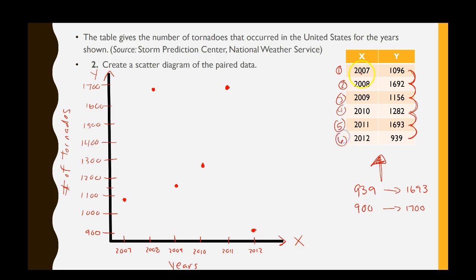Okay, so again, I make sure that I have 1, 2, 3, 4, 5, 6 ordered pairs, 1, 2, 3, 4, 5, 6 dots on my graph. All right, so reviewing this step, creating, we have to make sure our scales are the same. So whether they increase by 1 or increase by 100, it's as long as they do that by equal hash marks.